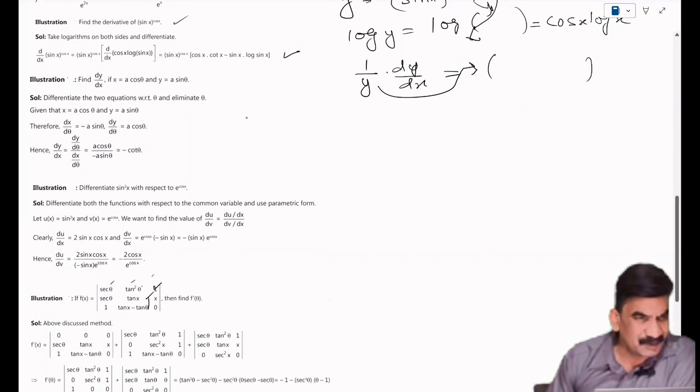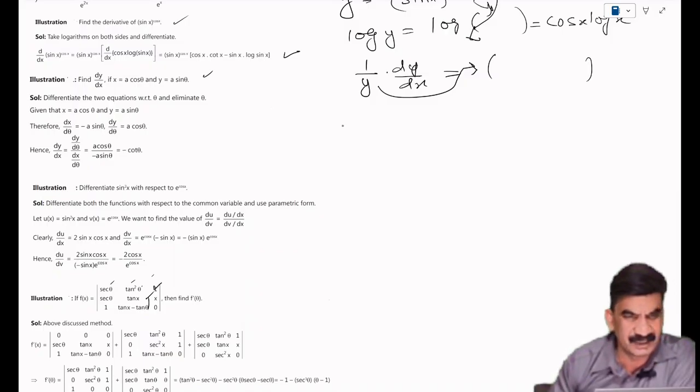Sometimes there are parametric forms, so two variables are given. For example, this is a question which says x is equal to a cos theta and y is equal to a sin theta. Remember, I am asked to evaluate dy by dx. What do I get?